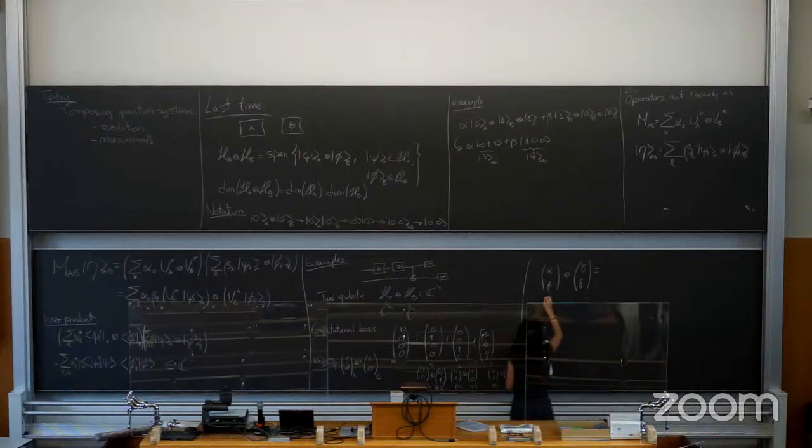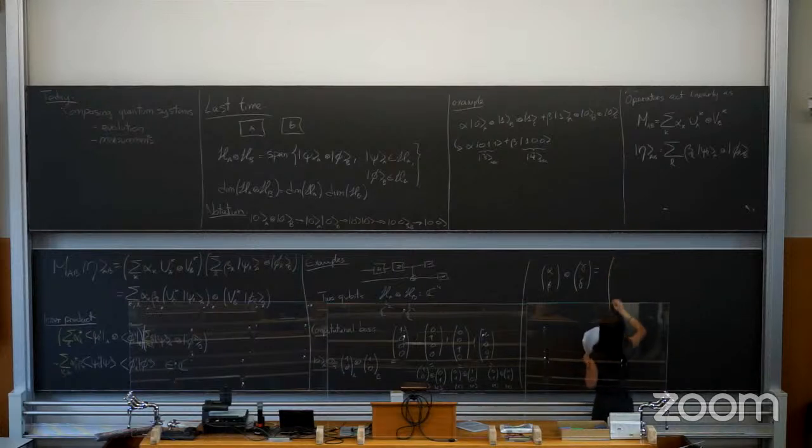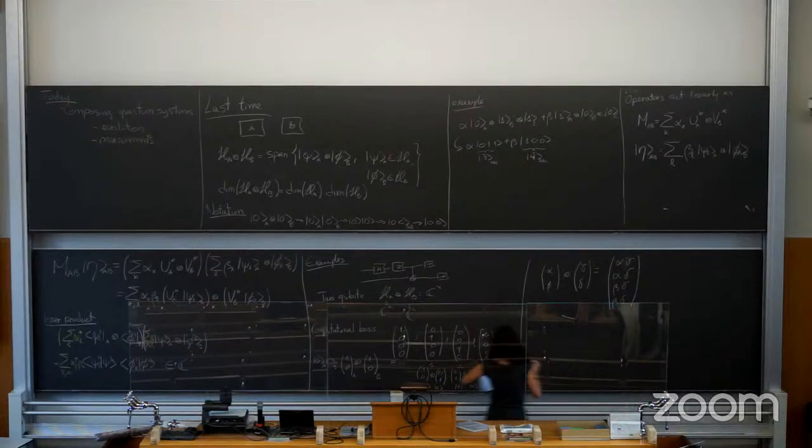I just write here what all the coefficients are: alpha gamma, alpha delta, beta gamma, beta delta. And you can see this using this decomposition here.